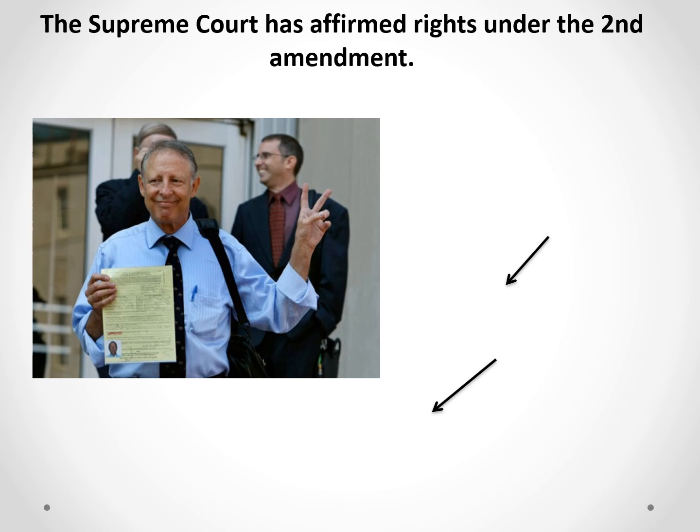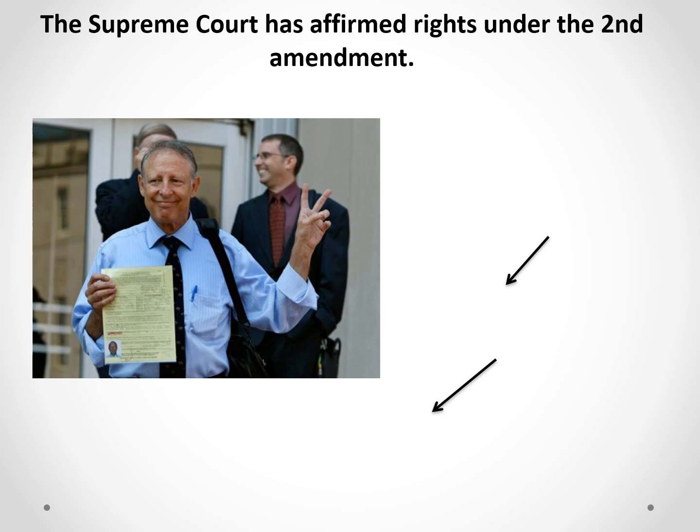This is a case out of Washington, D.C. Washington, D.C. had very, very strict gun control laws, basically barring the registration of handguns, prohibiting carrying pistols without a license, and again, very difficult to obtain a license, and requiring all lawful firearms to be kept unloaded and either disassembled or trigger locked at all times.